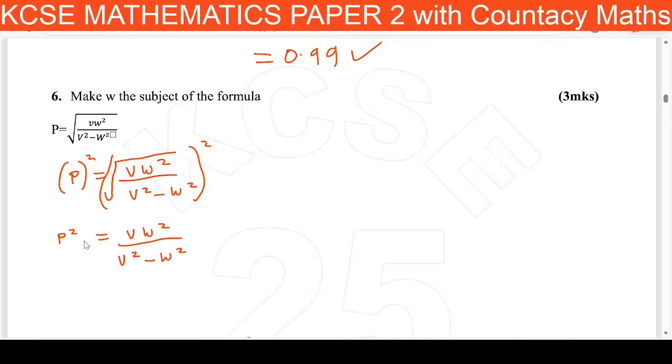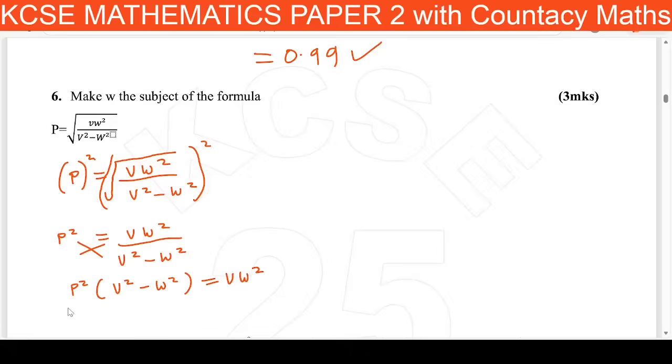This sounds so amazing and interesting because it's becoming a bit better. So with this, we can do some cross multiplication like that. Once you do the cross multiplication, what you're going to get is p squared into brackets v squared minus w squared, and that is equivalent to vw squared.